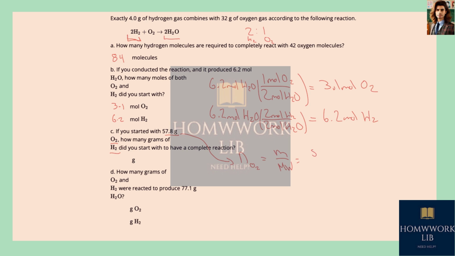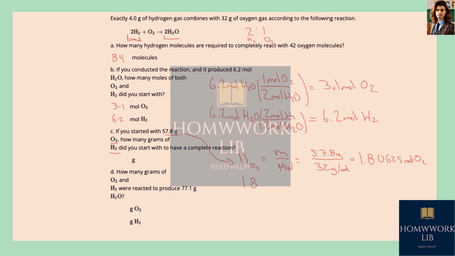For us, this is going to be 57.8 grams divided by 32 grams per mole, which gives 1.80625 mole of oxygen.